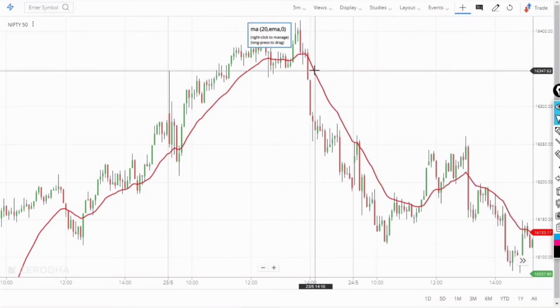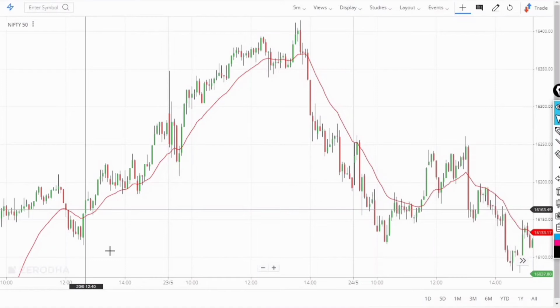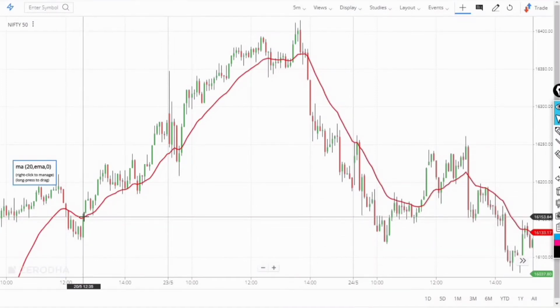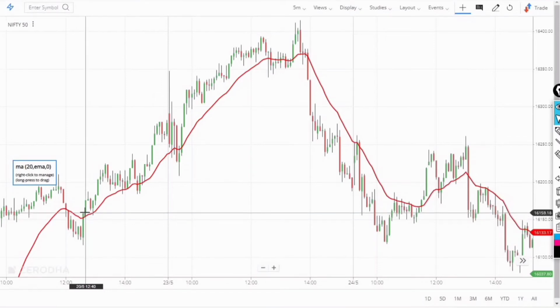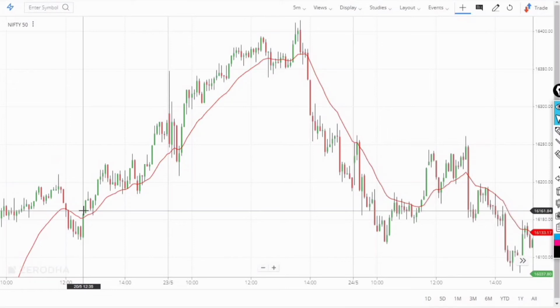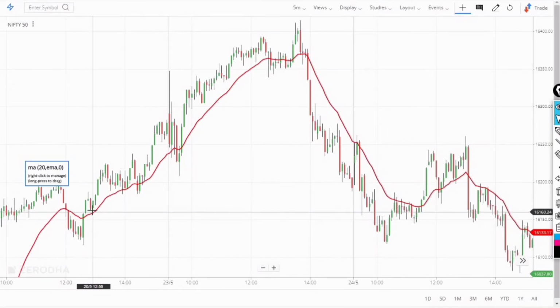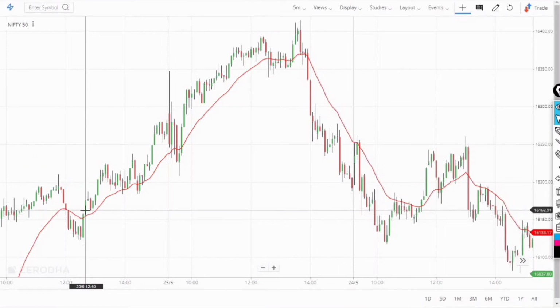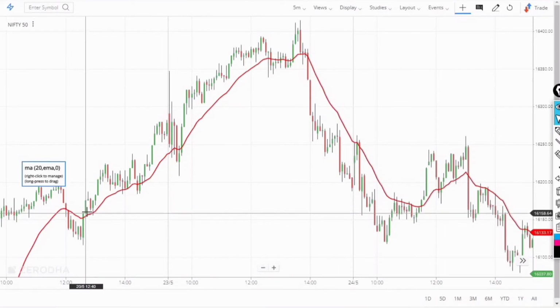So here you are clearly able to see that we have drawn the 20 moving average line, and price is above that line, that is, price is above the 20-day moving average. So here the 20-day moving average is acting as support.